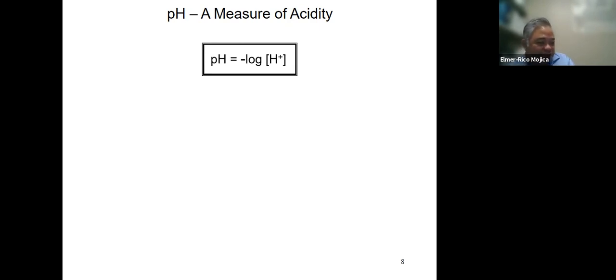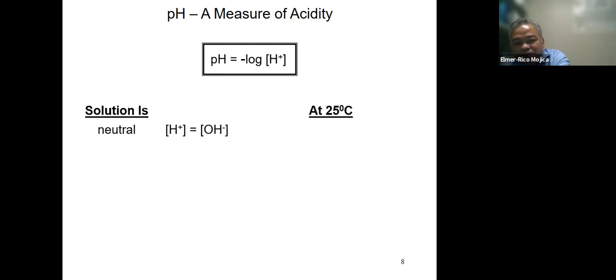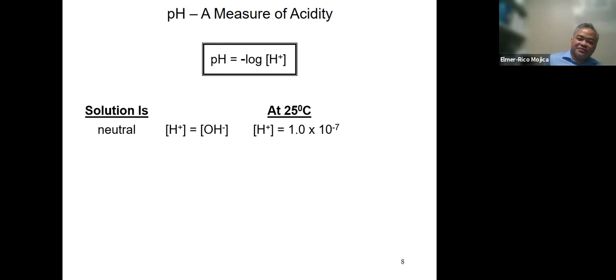Now, what does the pH tell us? So remember the ratio of your H plus with respect to OH minus, the one that is neutral. So where H plus is equal to OH minus, okay? And if you're going to get the concentration of that, remember, H plus times OH minus is equal to what? KW, right?